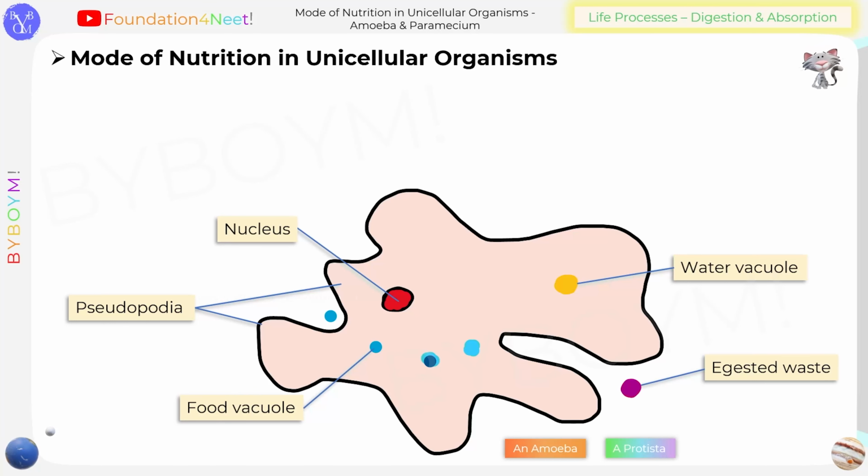Heterotrophic means they are dependent on other organisms for their food. In contrast, autotrophic organisms are those which produce their own food, such as green plants that we studied about in photosynthesis. Amoeba has no definite shape, and since it is a single celled organism, there are no specific organs for specific functions.